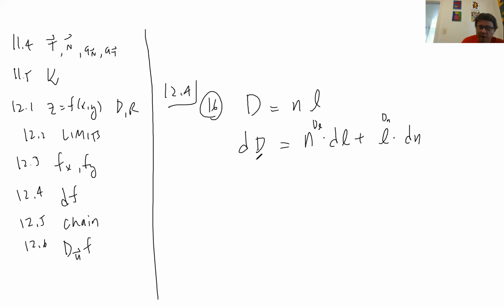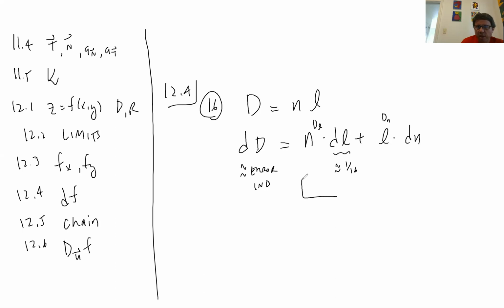So the actual error in D, this is like the approximate error, will be in dD. This is saying, suppose that each time you measure, we're off in our measurement by around 1/16 of an inch. So N and L, we know those.